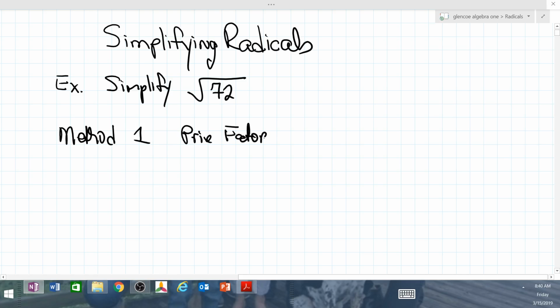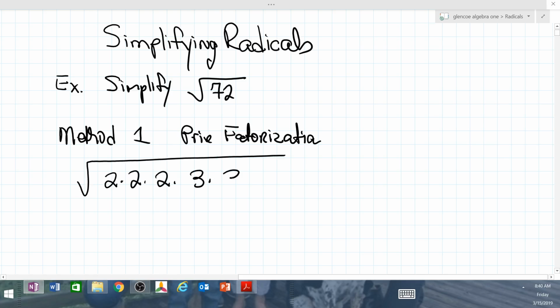So we can prime factor 72 to 2 times 2 times 2 times 3 times 3, because 72 breaks down to 8 times 9, 8 breaks down to 2 times 2 times 2, 9 breaks down to 3 times 3.